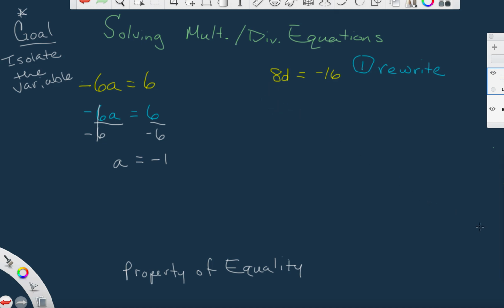This is my next equation. I'm going to rewrite this one. And then I forgot to tell you, step 2 is undo the multiplication or division on both sides.